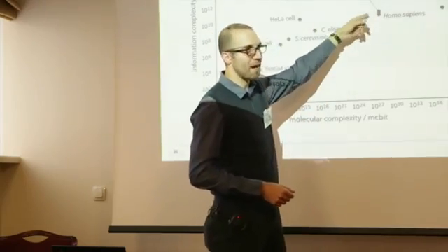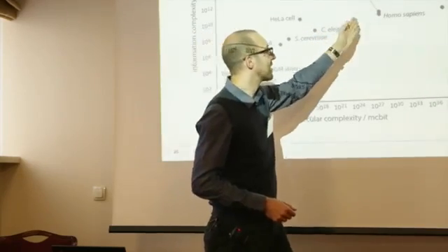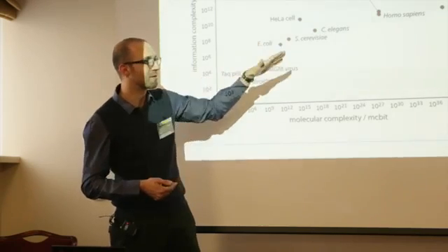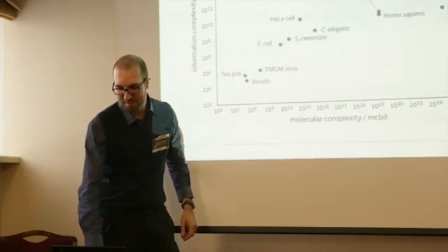You can also add up the microbiome of Homo sapiens, then you get to this complexity value. Finally, if you add all interacting humans in the world, then you end up with mankind, and you can even add the information content that is in memetic evolution in mankind, which is, for instance, the whole written record of mankind, which I just roughly calculated, and so you end up with a whole map of complexity space of the biosphere.